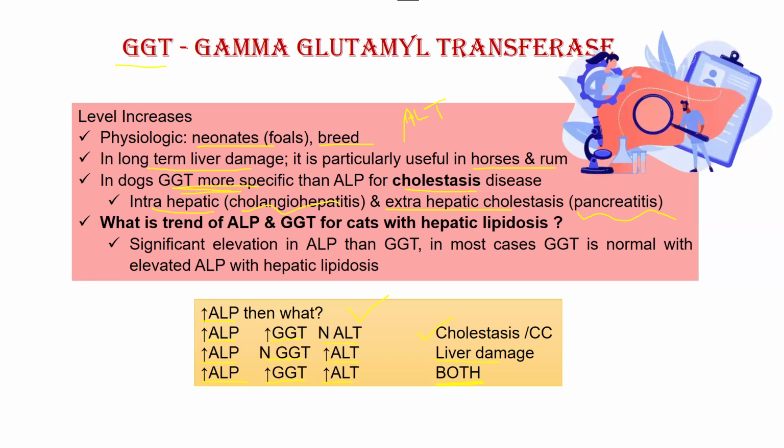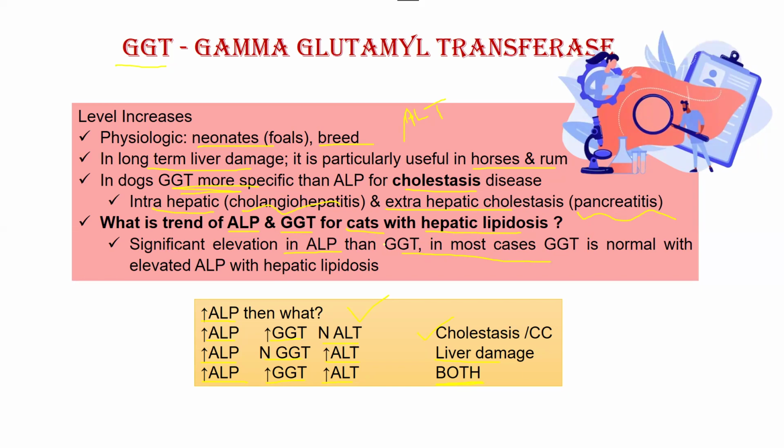Number third thing is, as in cats, we know hepatic lipidosis is a common case often seen in cats. And what are the trends of ALP and GGT increase in cats with hepatic lipidosis? When a cat is going to have hepatic lipidosis, on the lab report you are going to see significant elevation in ALP, but you can see a normal GGT, because ALP is normally elevated with hepatic lipidosis but not the GGT.